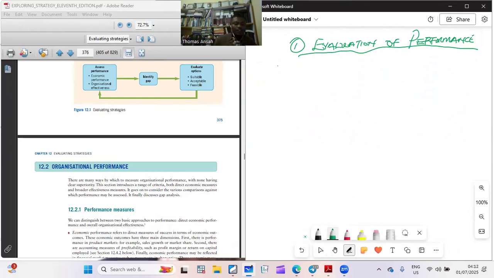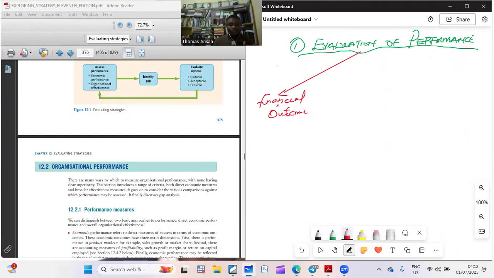is you evaluate the economic performance. You use financial outcomes. So you are going to evaluate the key financial performance of the business.